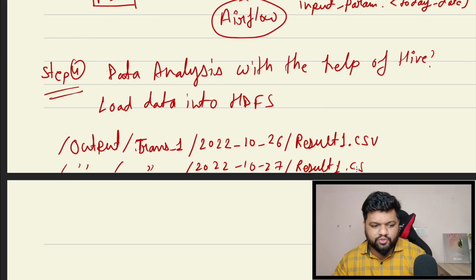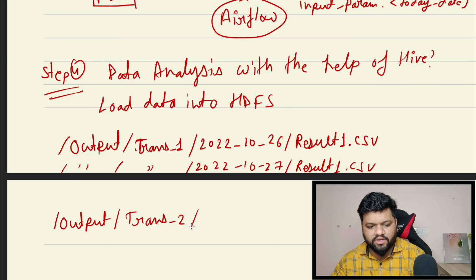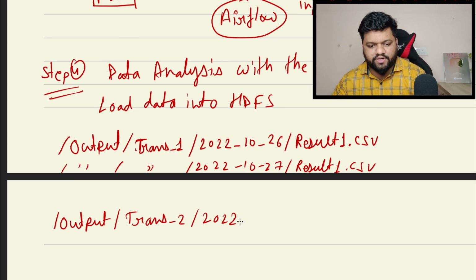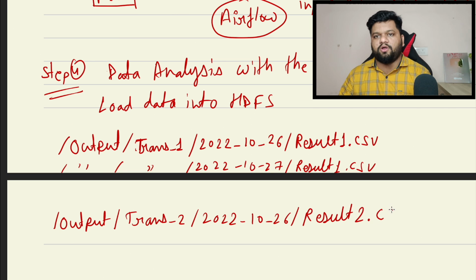Now when it comes to storing the result for transformation 2, so trans_2, then 2022_10_26, like result_2.csv, and so on.